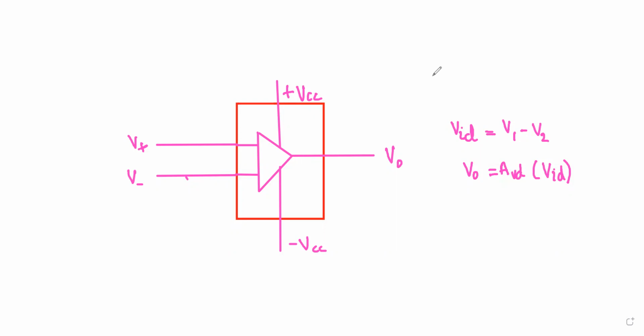So first of all, you need to understand op-amp is a circuit which consists of many transistors as well as many diodes and many other resistors which will bring a certain type of action from that op-amp.